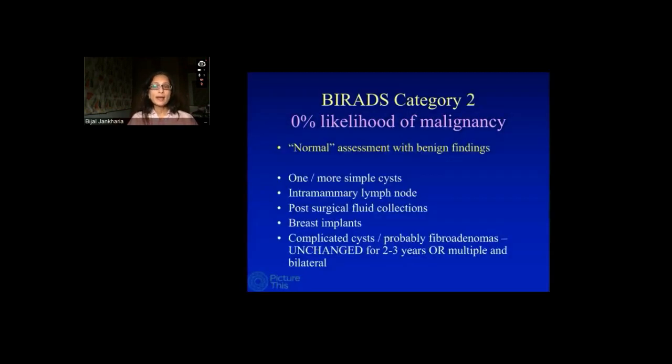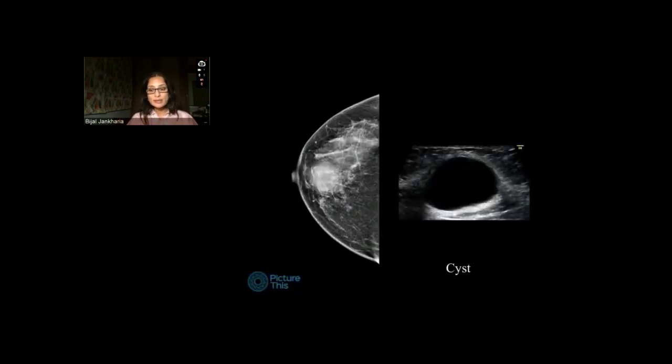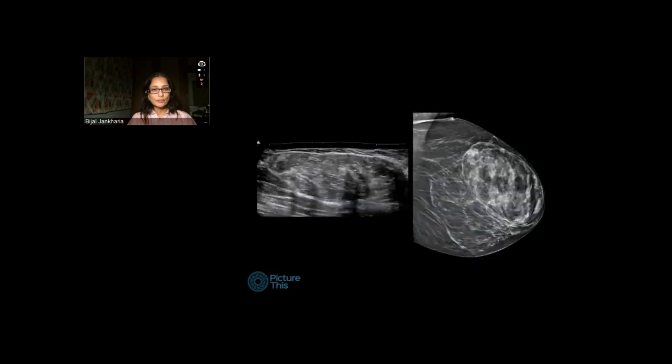Then we go into BI-RADS category 2, which means that it is something that we've seen, but we are 100% sure that it is benign. So what lesions fall into this category? A simple cyst, definitely, BI-RADS category 2.